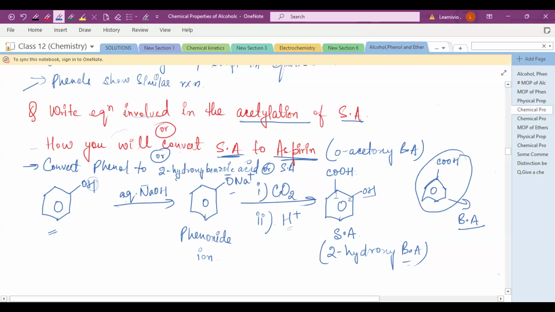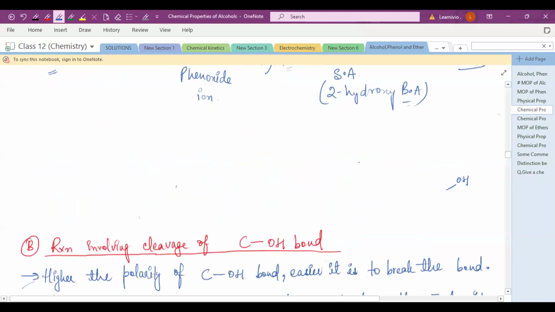And if I attach OH at the second position, and you are naming this as a benzoic acid, you start the numbering from this carbon. This carbon is first, where the carboxyl COOH is attached. So this is the second carbon. On the second position, the hydroxyl group, the OH group, is attached. So that's why its name is 2-hydroxybenzoic acid. Got my point? Yes. Okay.